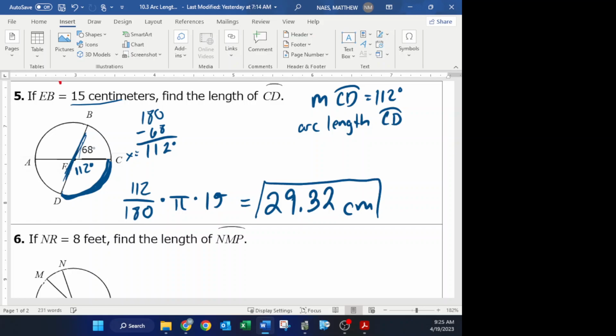All right. So try number 6. It's very similar. Not quite the same, but similar. I'll give you a few minutes for that.